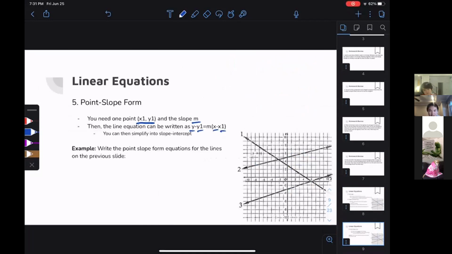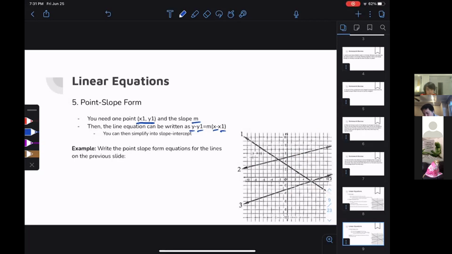Just to be clear, the y and the x represent the y coordinate and x coordinate of the line, meaning they're variables. You can plug numbers in to solve for one based off of the other, whereas y1 and x1 you treat as if they're constant numbers that you're given. Just to be clear about that.